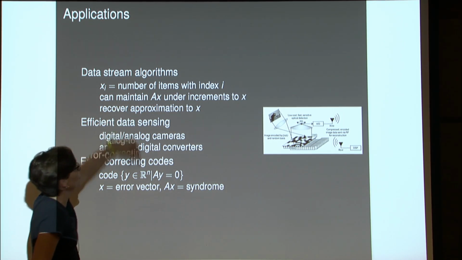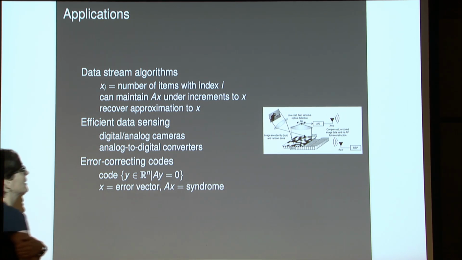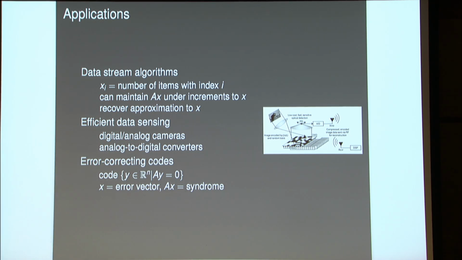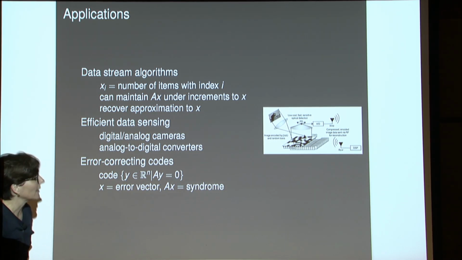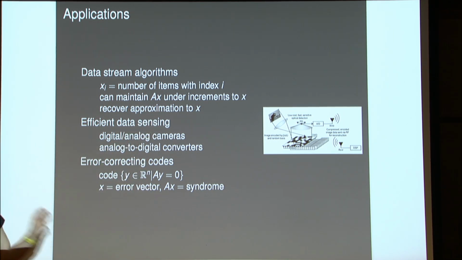And so that might be a great big long vector to maintain. Digitally, you might not have enough memory to do that. But remember, A times x is a much smaller vector. In fact, it's exponentially shorter than the original vector x, and so that requires much less memory. And in this digital setting, the matrix-vector product A times x really is linear. There's no measurement noise.